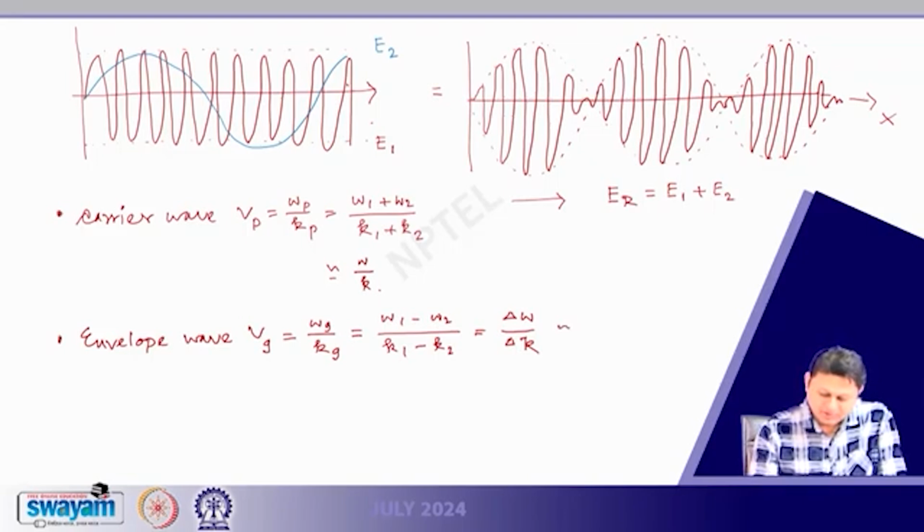So, this is essentially d omega dk if they are small. This velocity has a special name, it is called the group velocity.